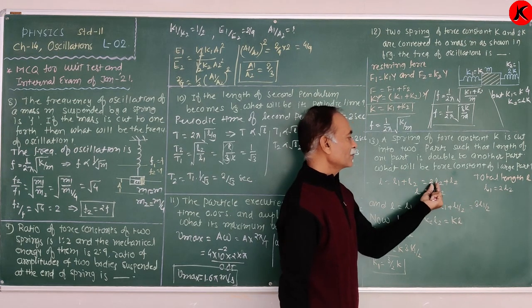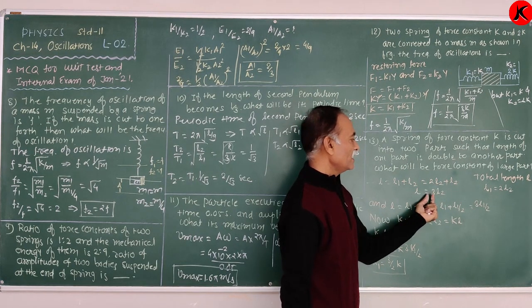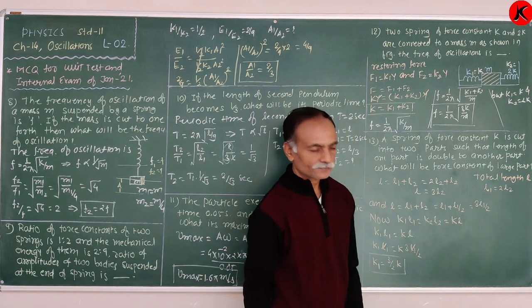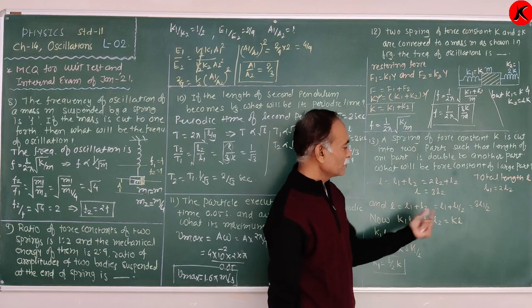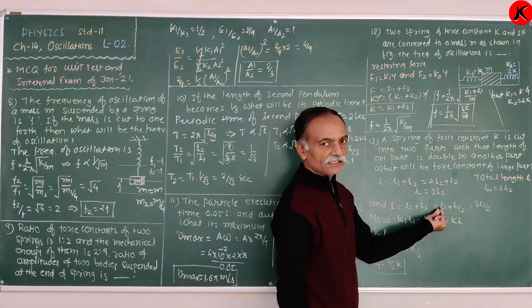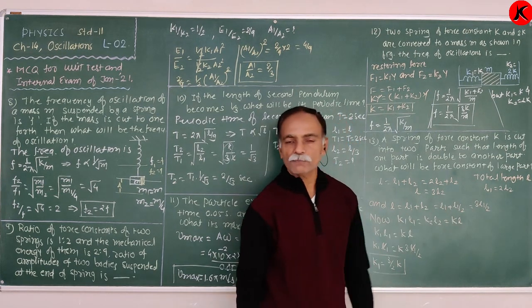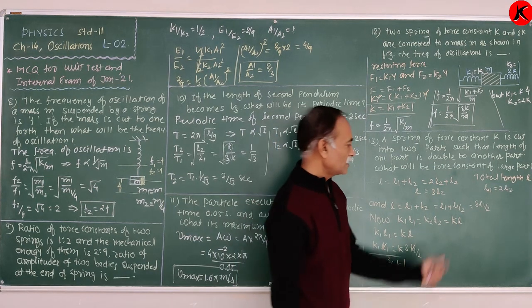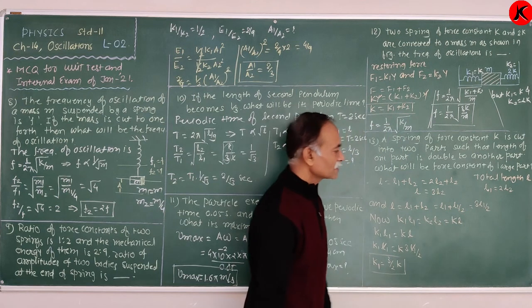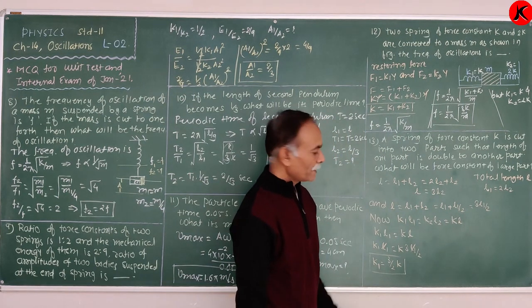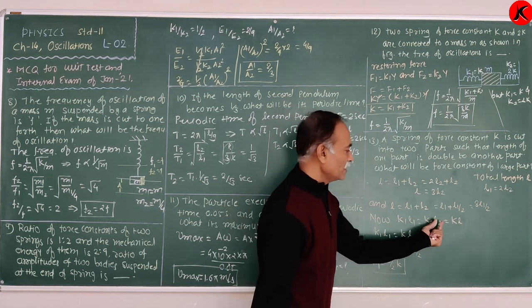Therefore, 2L2 plus L2, so L is equal to 3L2. Now, in terms of L1, the second part has half the length of the first part. Therefore, L2 is equal to L1 by 2, so L is equal to 3L1 by 2.